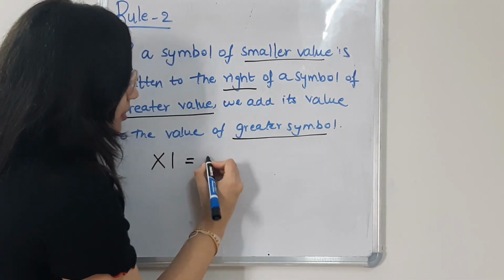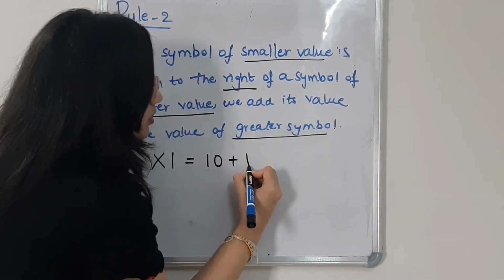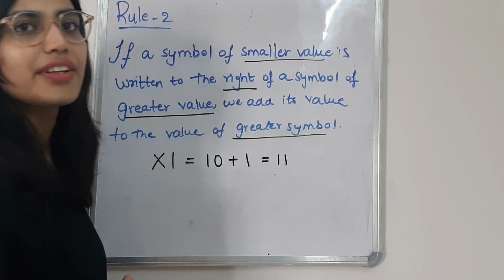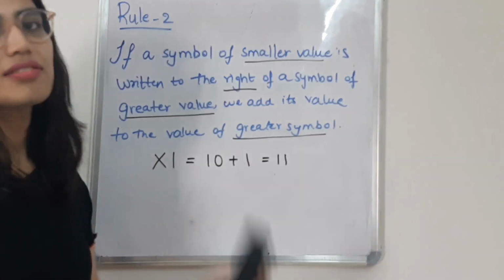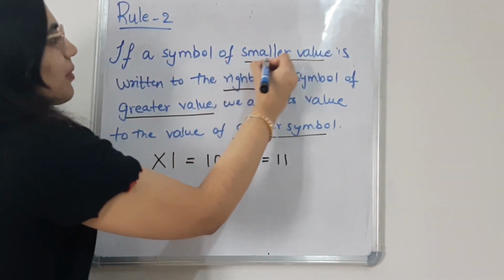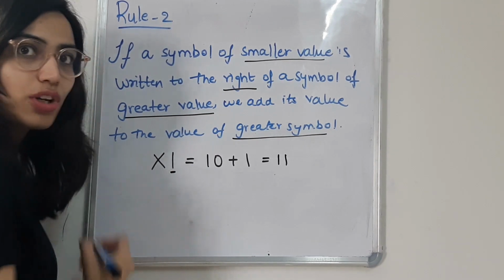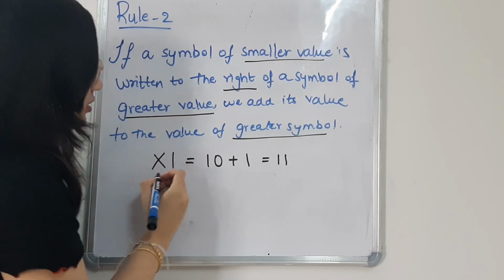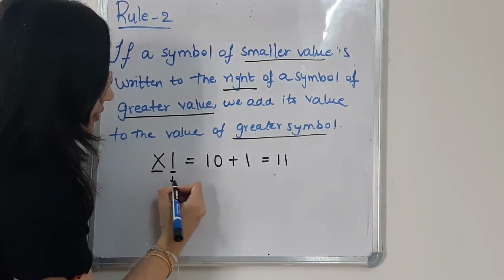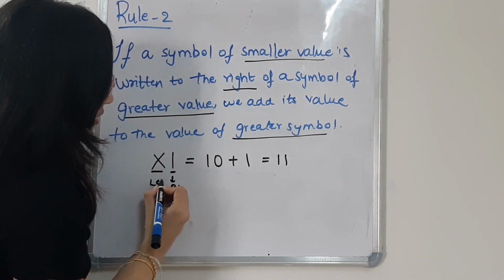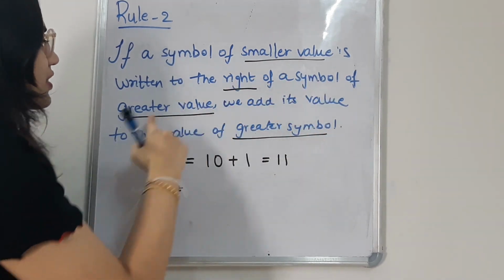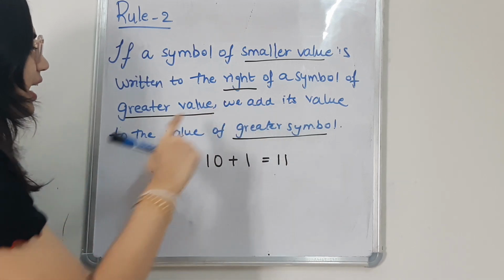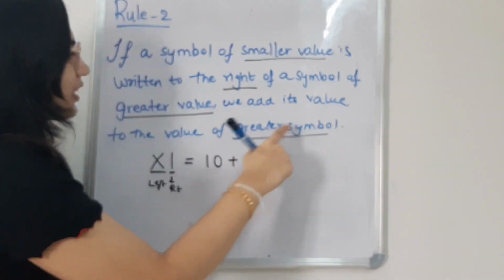It is nothing but 10 plus 1, right? This is nothing but 11. This means that if a symbol of smaller value, here 1, is written to the right of a symbol of greater value, here 10, this is the right side, this is the left side, then we add its value to the value of the greater symbol.